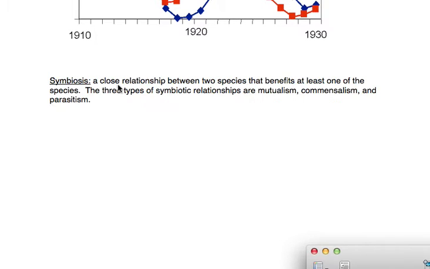Symbiosis is a close relationship between two species that benefits at least one of the species. So remember, at least one of the species, meaning that the other one isn't necessarily benefiting from the relationship. The three types of symbiotic relationships are mutualism, commensalism, and parasitism.